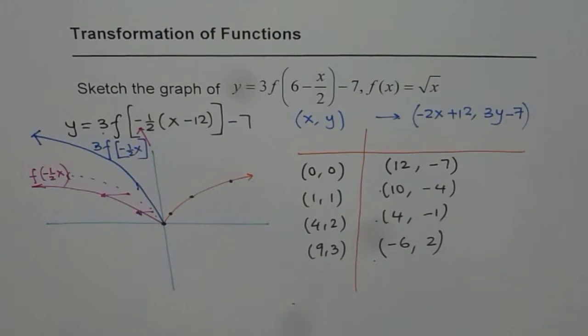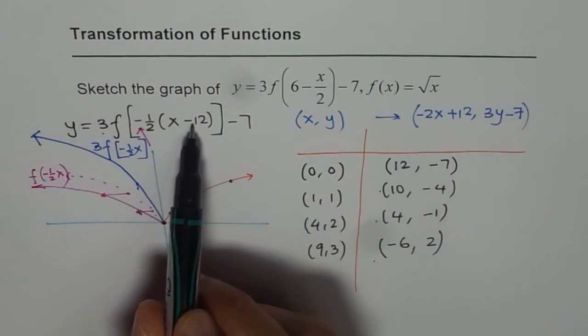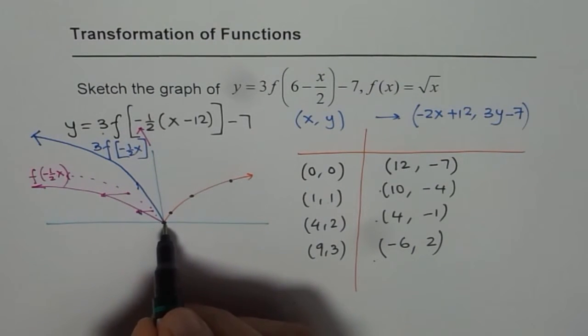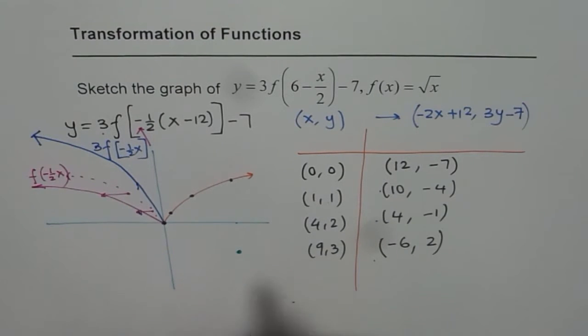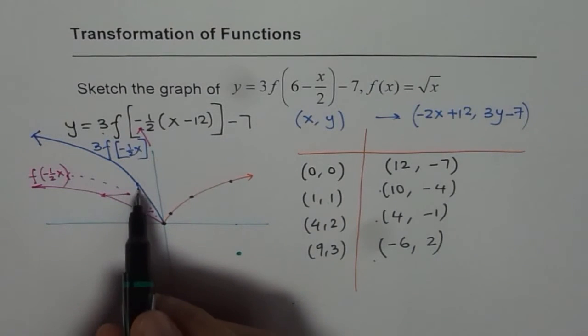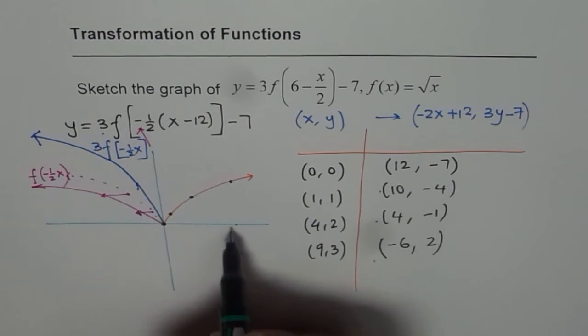Now the last step should be to perform translations. It's good practice to do it in one step: 12 units to the right and 7 down. So from here you can do 12 units to the right and 7 down. So let us say that is your point. Likewise, you can do it for all other points.